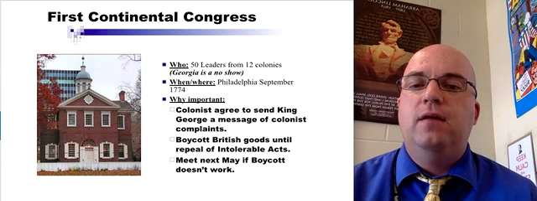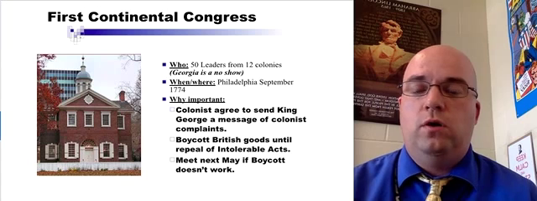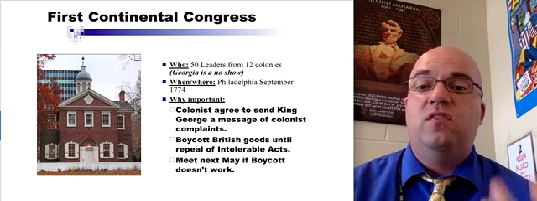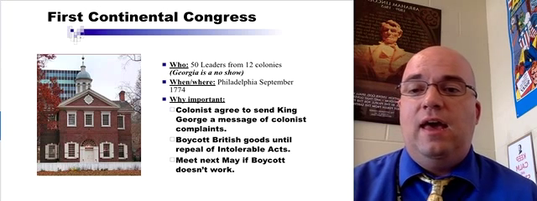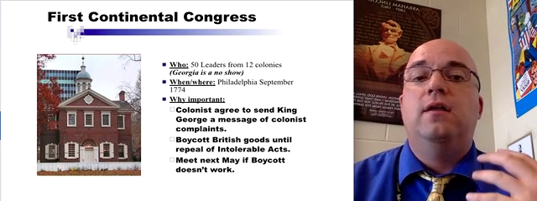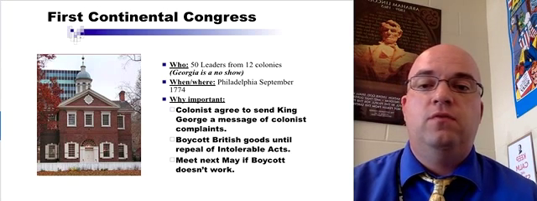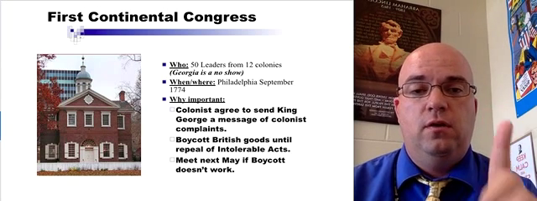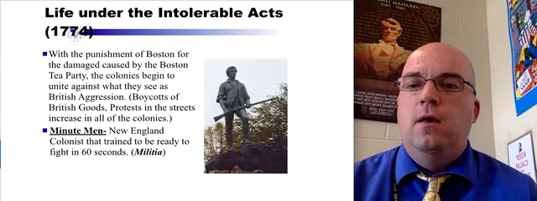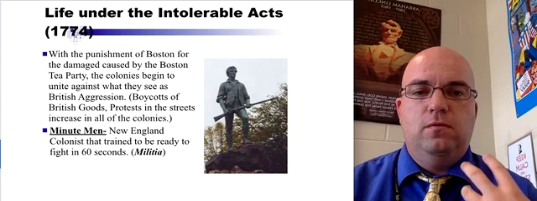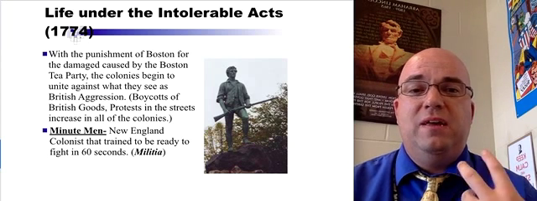And last but not least, they say if the boycotts don't work and things don't improve, we'll meet the following May of 1775 and see what we need to do next. So that's where they leave things off in Philadelphia in September of 1774, and that's the First Continental Congress.